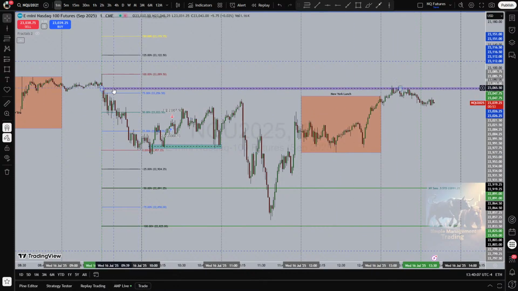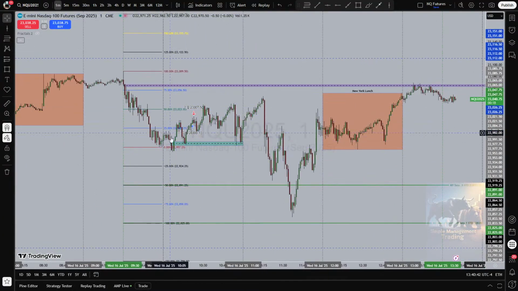Towards the first percent fair value gap. That 46 keeps rejecting, you see that? Look where price is closing, right below it.